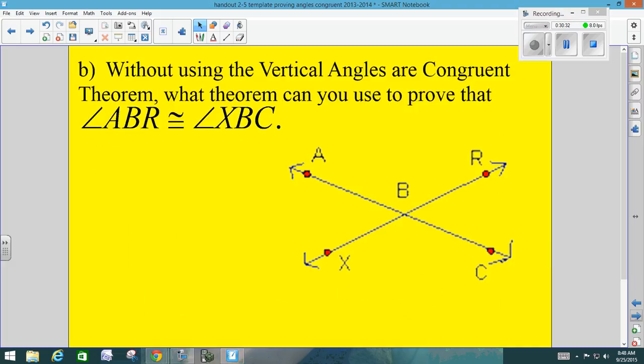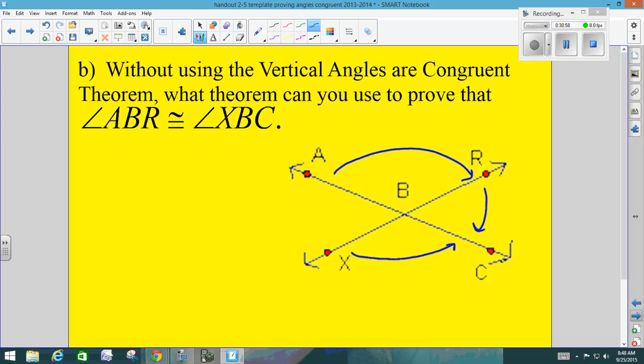B. Without using the vertical angles theorem, which says vertical angles are congruent, what other theorem can you use to prove that angle ABR, the top one, is congruent to angle XBC, the bottom one? Whoa, Jimmy. Good. ABR, supplementary to RBC, yes or no? Yeah. XBC, bottom one, supplementary to RBC, right?